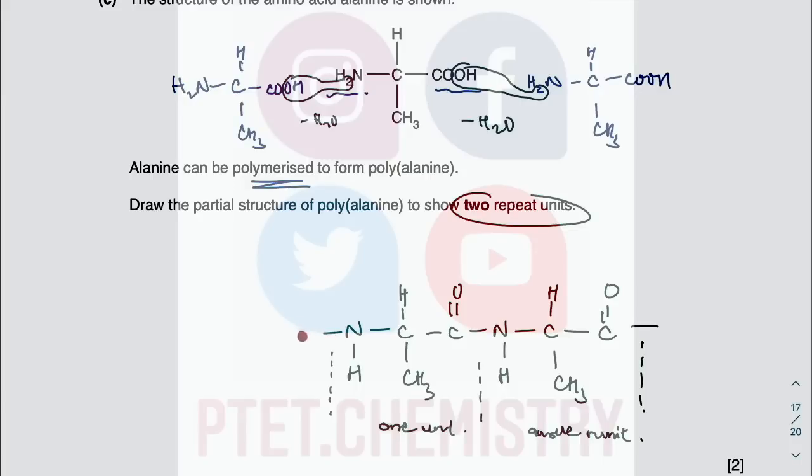I must not have a hydrogen there because it's a polymer already. Same thing there, I should not have an OH. I must have carbon forming 4 bonds, but this is open and this is open. The nitrogen forms 3 bonds, 1, 2, 3. This connects further to the chain, this connects further to the chain. You can see one unit of alanine, another unit of alanine.